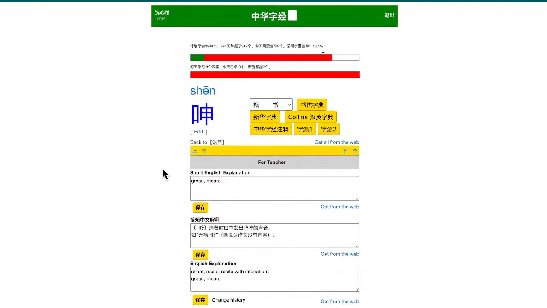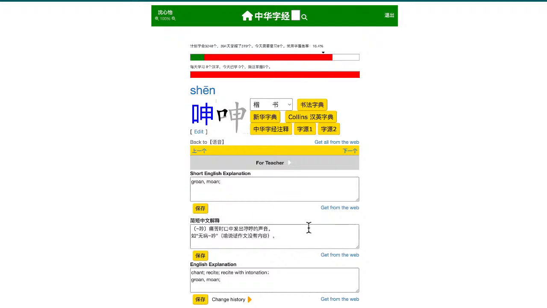Next one, 呻. 呻 means groan or moan. So this is when you are making those sounds when you are suffering. Usually it's physical suffering that's very painful. Then you just moan and groan. Okay, so this is called a 呻.